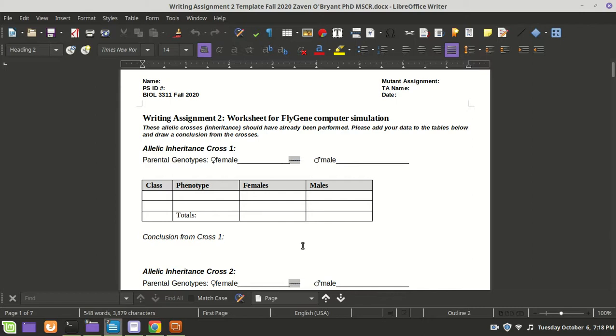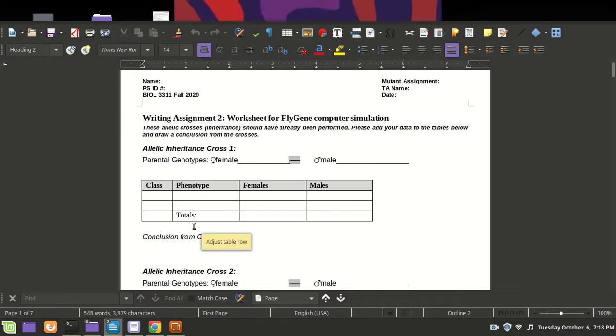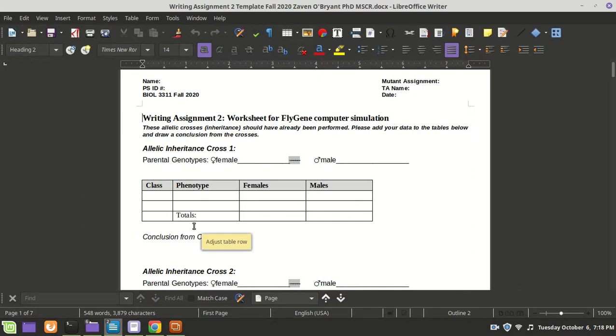Now, if you remember in one of the other videos, and this is where I'm going to make an additional video where I go back and pull out the slides from previous ones and put them together to show you what goes in here. You're going to get totals here, and you're going to do what? You're going to do chi-squared, and you're going to put your answers there.